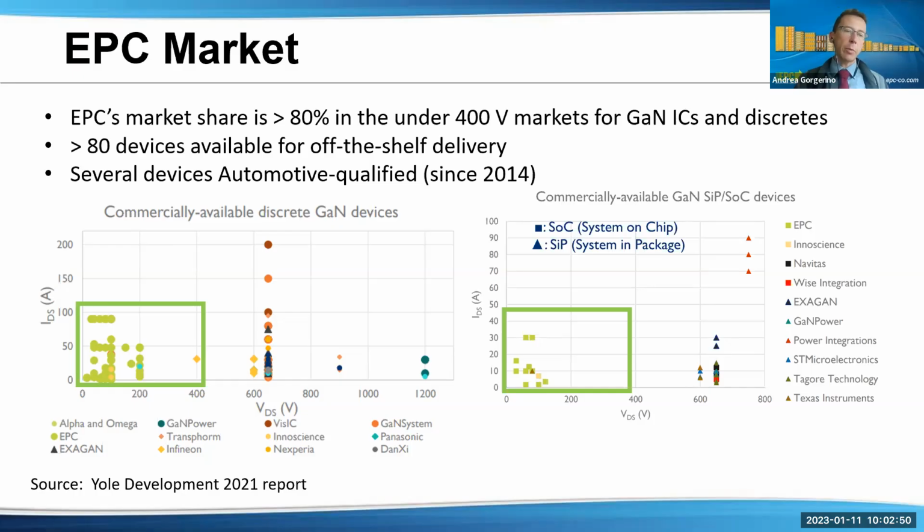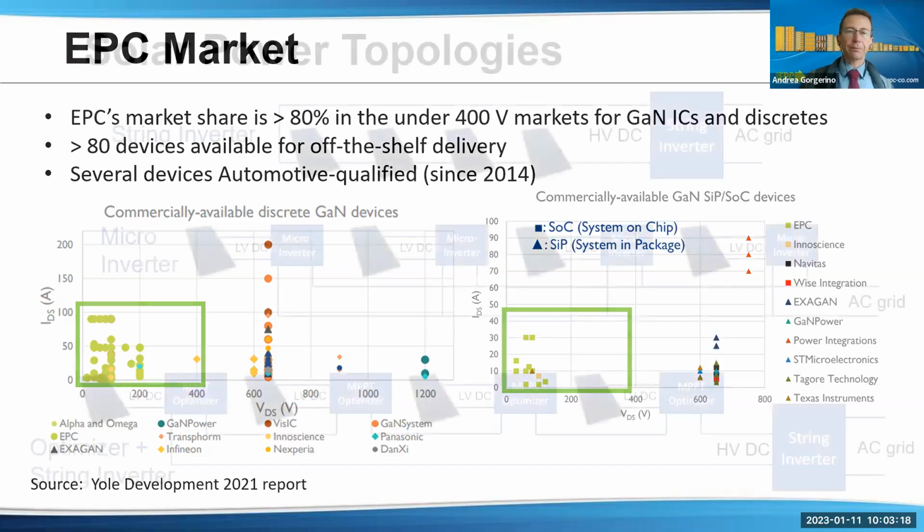The green dots are EPC, and we really dominate the below 400 volt areas. We have more than 80 devices available for off-the-shelf delivery. Several of them have been automotive qualified since 2014. This also explains a little bit the background of what I'm going to talk about today, of course, which is the areas in solar, a huge market area where EPC GaN FETs can add value.